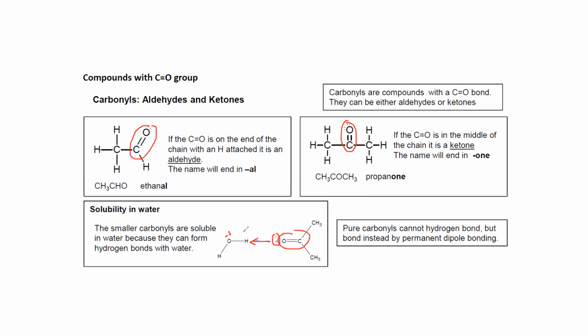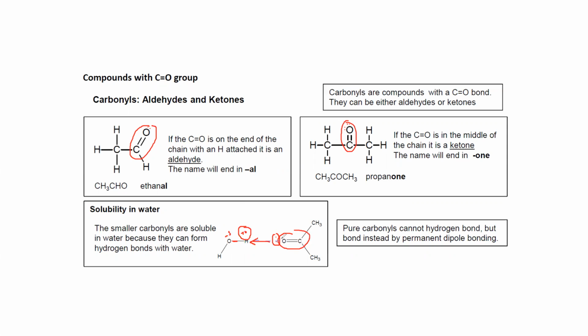Oxygen is partial negative, hydrogen is partial positive. As oxygen is partial negative, it will attract the bonded pair between hydrogen and oxygen. So this bonded pair is almost shifted towards the oxygen. So the hydrogen which gets a partial positive is attracted towards the lone pair present on the oxygen of the carbonyl group. So this makes them water soluble.